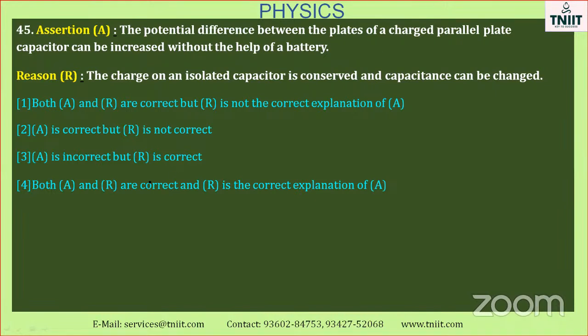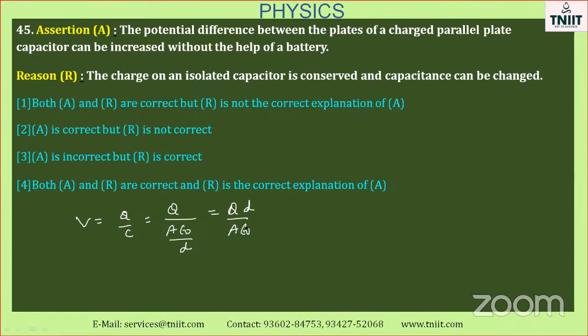What is the potential formula? You know that it is Q by C. The parallel plate capacitor is given by A epsilon naught by D. So V is Q D by A epsilon naught.